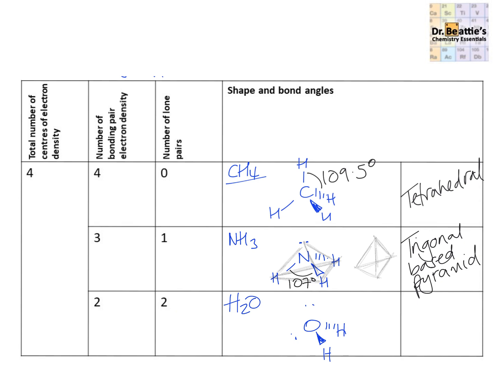So that's going to be 2 times a 2.5 reduction in the bond angle. 2.5 for each lone pair. And so we're going to end up with a bond angle of 104.5. This shape that is produced is known as nonlinear, and sometimes it's referenced as V-shaped also.